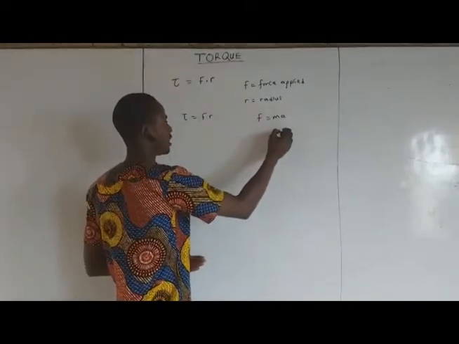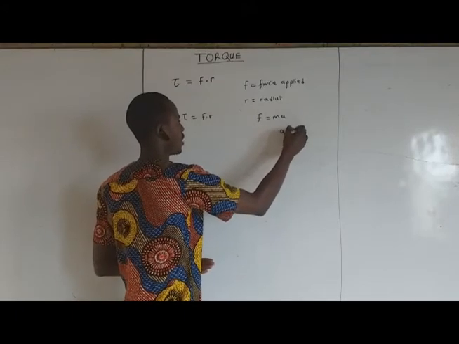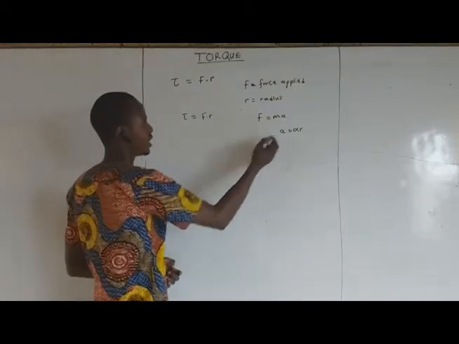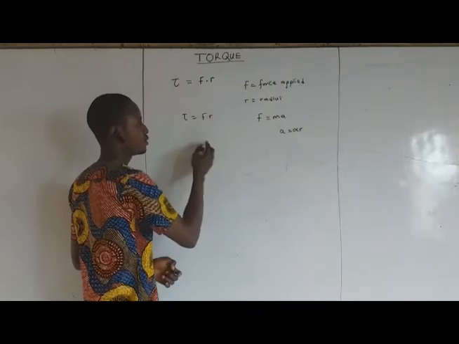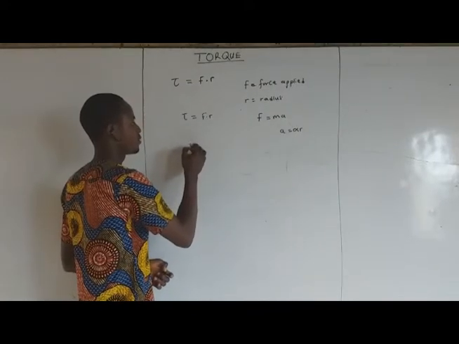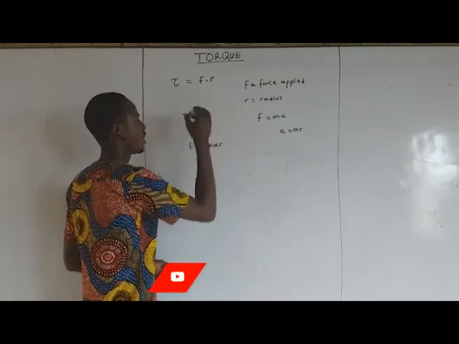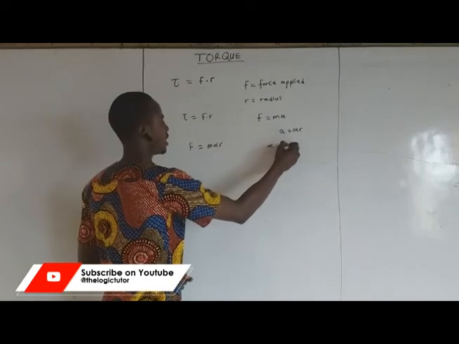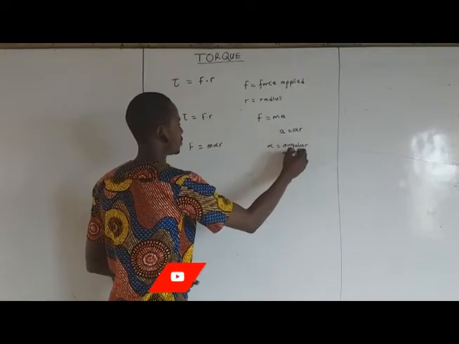At the same time, we know that linear acceleration is equal to angular acceleration multiplied by the radius. So if I substitute this into F equals ma, then I will have F equals m alpha r, where alpha means angular acceleration.